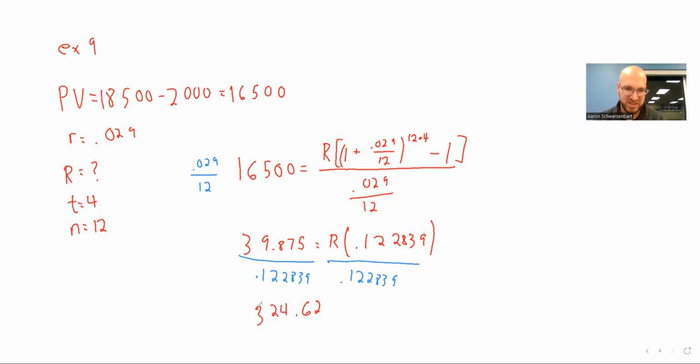I'm going to round that up to 62 because he's always got to pay. If he pays slightly over, then he'll actually be paid off in 4 years. So we're paying somewhere between 7 and 8/10 of a cent extra.